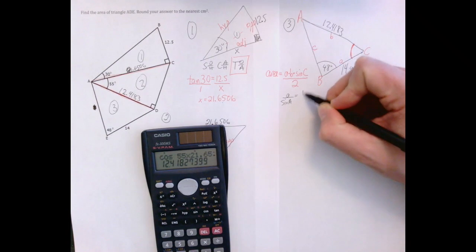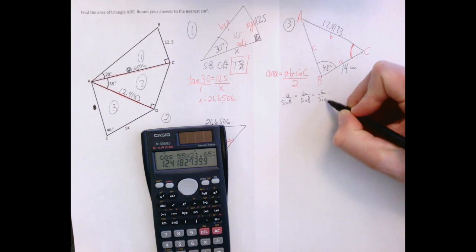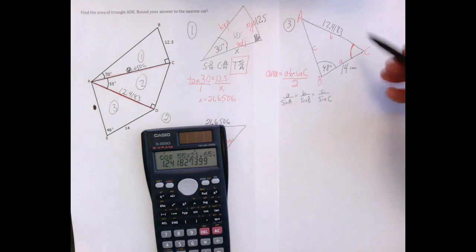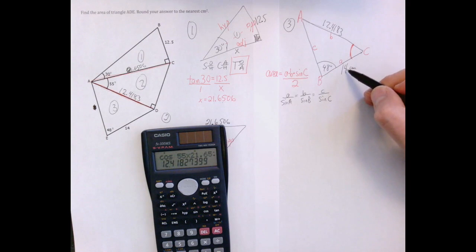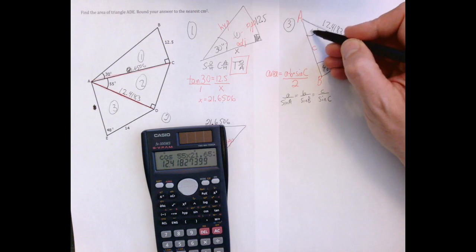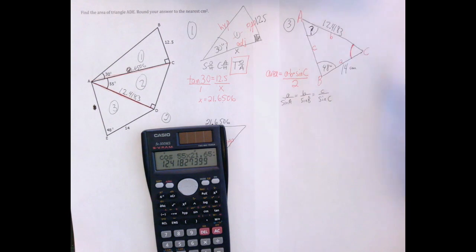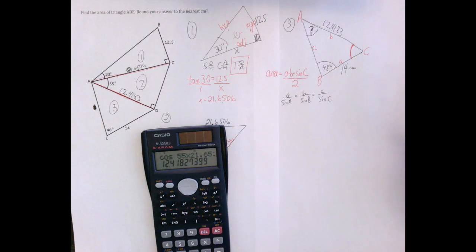So a over sin A equals b over sin B equals c over sin C. Now the only thing I'm going to be able to find here, I'm going to have my b fraction, and I've got one number from a. I don't know anything about the c's. So what I'll find first is angle A right up there, and then I'll be able to subtract 180 minus 48 minus that angle to get angle C.